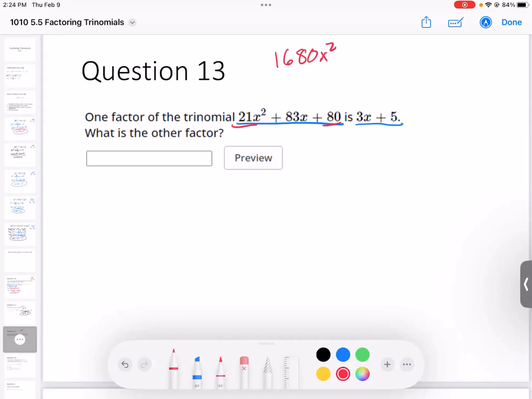You can figure it out, but it might take a bit. So the way I would recommend doing it is to start guessing. You might say, it's an even number, so I could have 2x as one of my terms, and then the other one would be 840x. Well, obviously those don't add up to anything close to 83x. That means I need to choose numbers that are closer together.